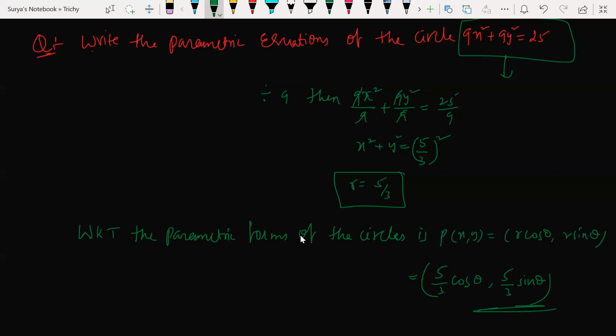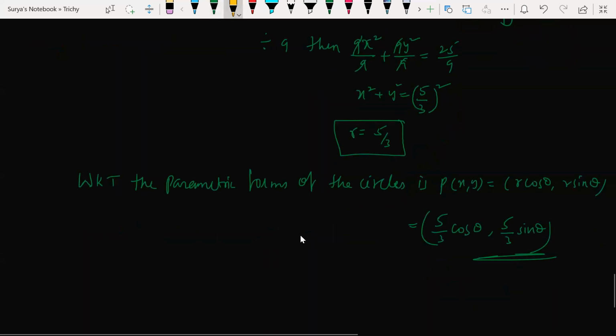See here, why I'm not just disturbing this theta, why I'm not disturbing these trigonometric functions here? Since the theta value is not given, how can I disturb that? So theta value is there, just leave it as it is. Don't disturb it. Why? Because if at all he is giving the theta value, then you can substitute the theta value in place of theta and find out the final solution. Okay?